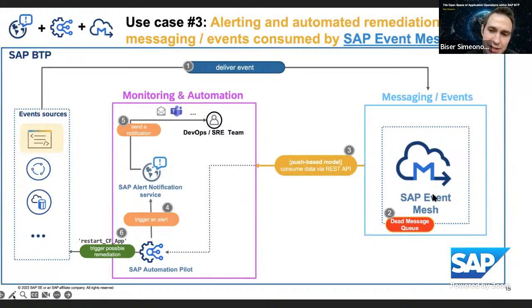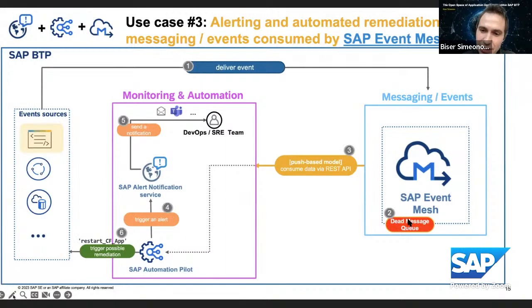Within the SAP Event Mesh queue, we have options to specify the validity, time to live of a particular message, or retrieval attempts. Based on that configuration, if the message does not get consumed, it can be configured to be transferred to the dead message queue so that it is not lost.